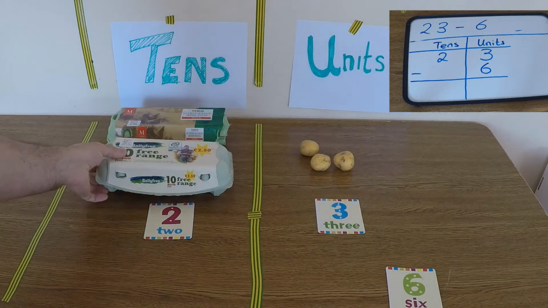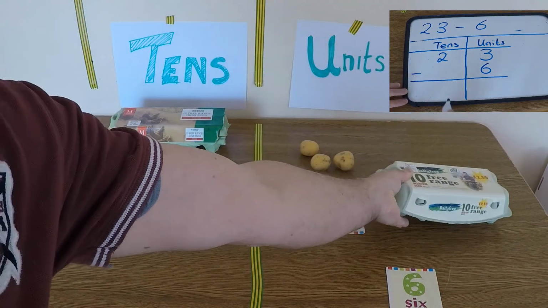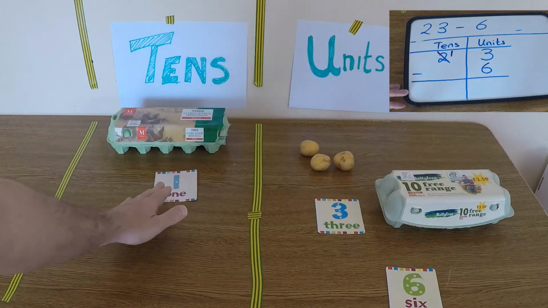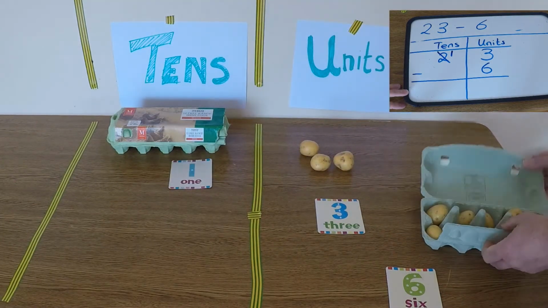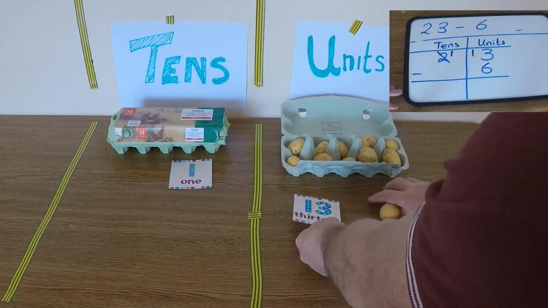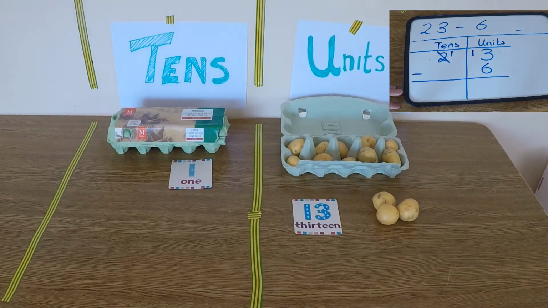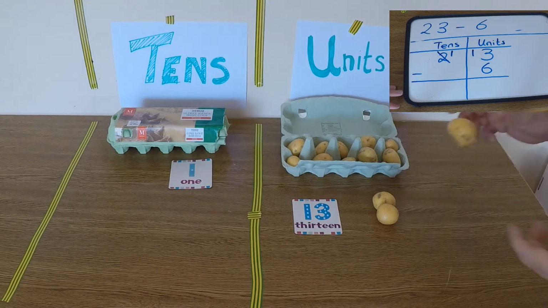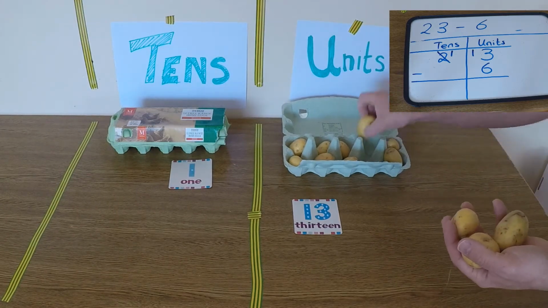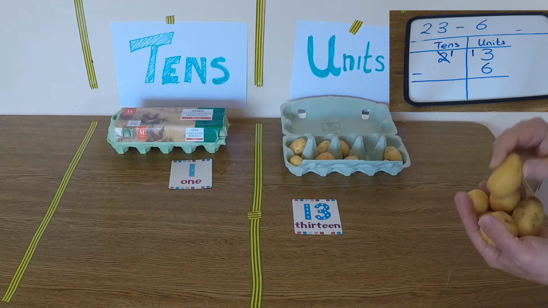Well, we can take this carton of eggs and bring it back over here. That means we no longer have 2 tens, we only have 1 ten. Now if we open this carton of eggs, we have got 10 eggs plus 3 eggs. We have got 13 units, and we were going to take away 6 of them. So count with me. 1, 2, 3, 4, 5, 6.